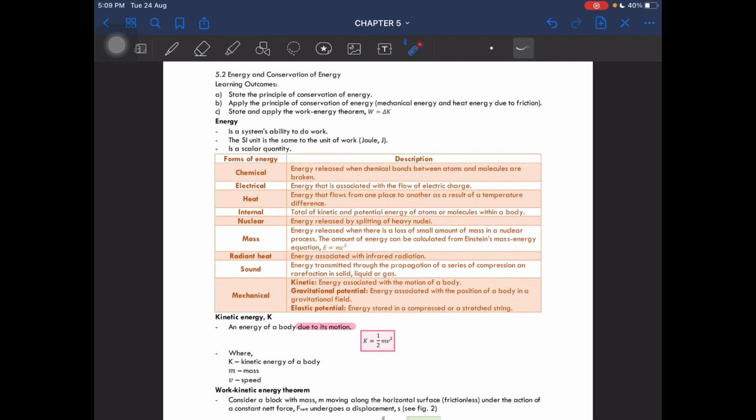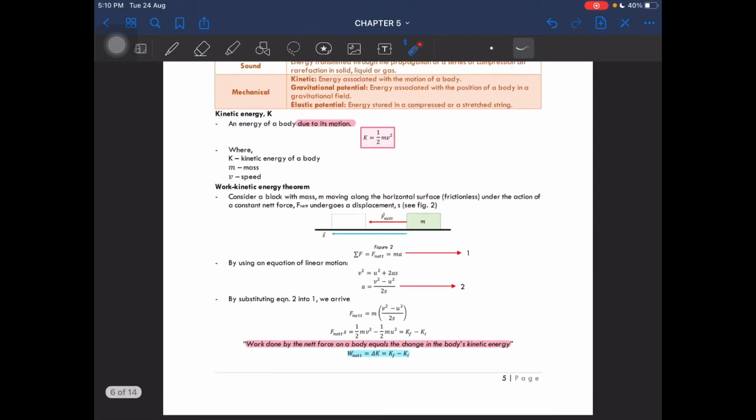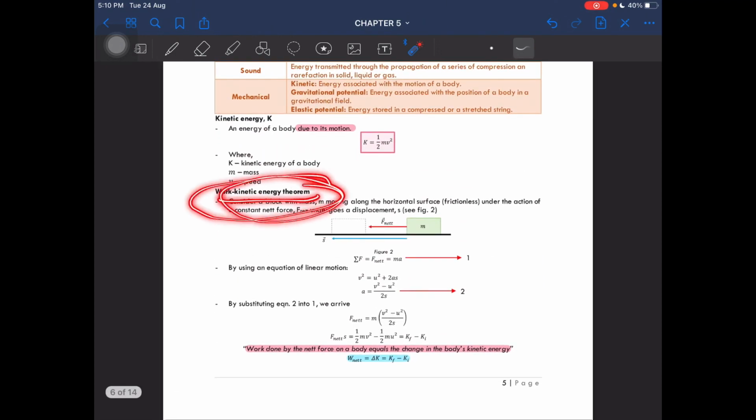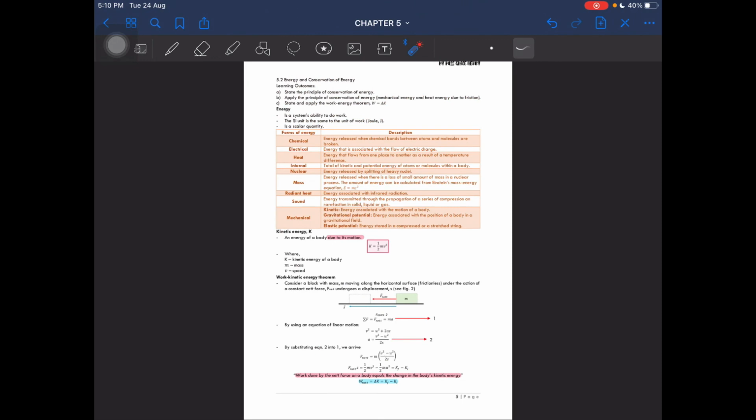I'm not sure about the elastic potential energy, because our learning outcomes didn't mention specifically if we are going to have questions on that topic. But what I do know is the work kinetic energy theorem. This part is very important. So that is subtopic 5.2.